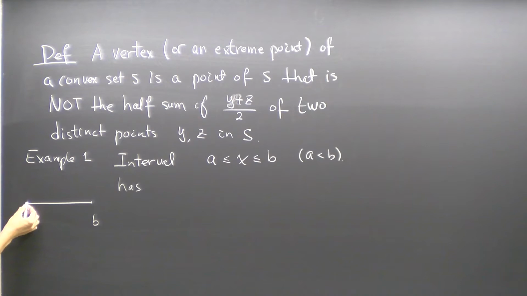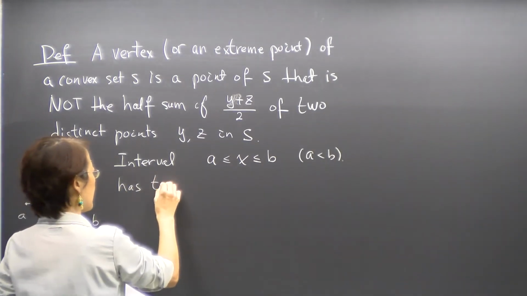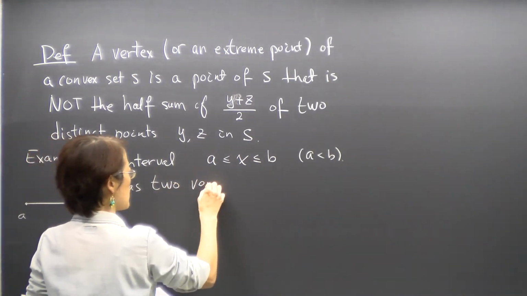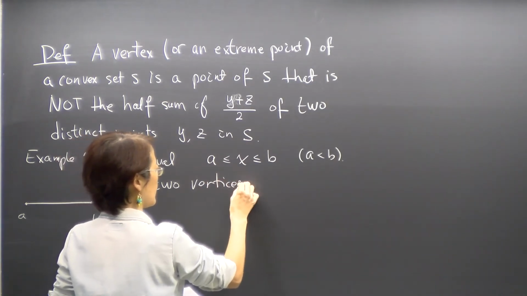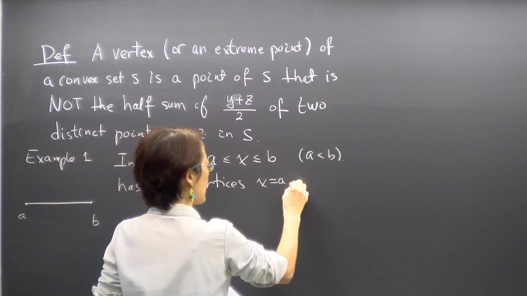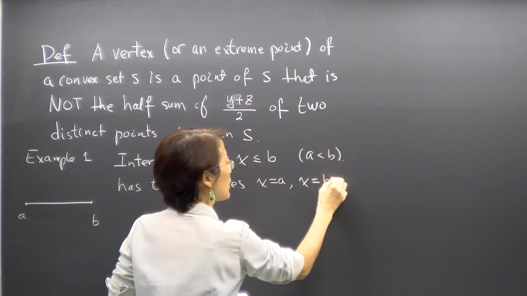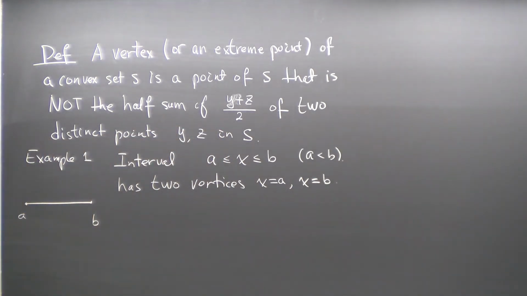When you go to one extreme point, or you go to the other extreme point, right? So here we have two vertices, x equals a and x equals b. Exactly the two endpoints of this interval.